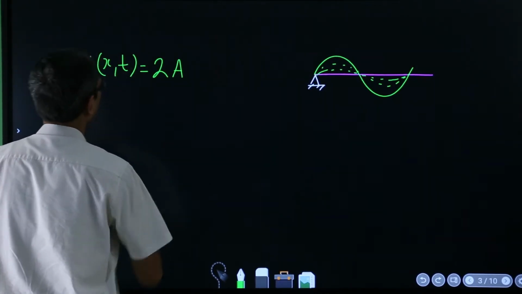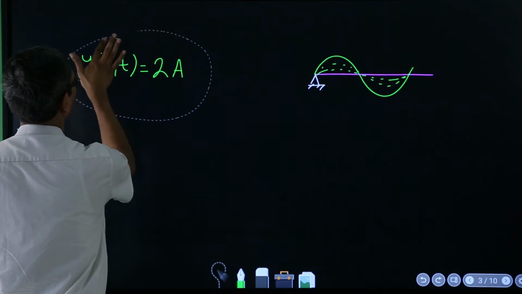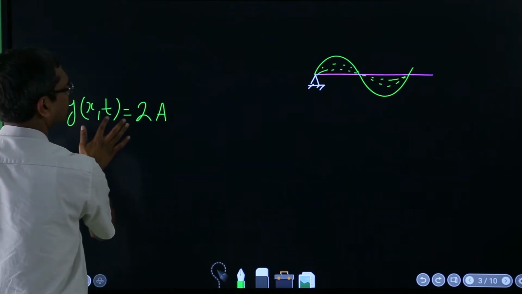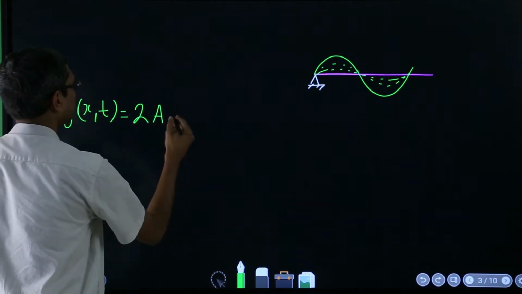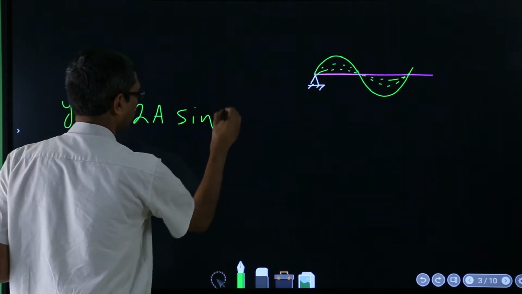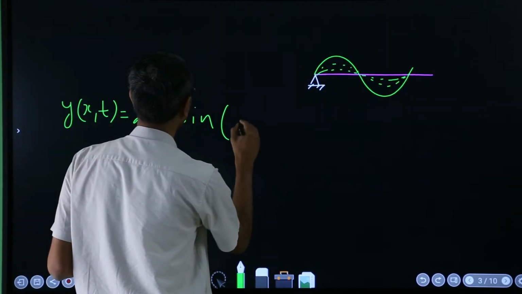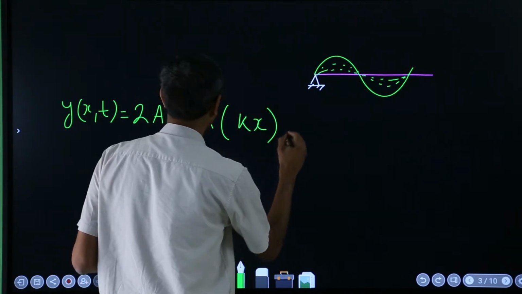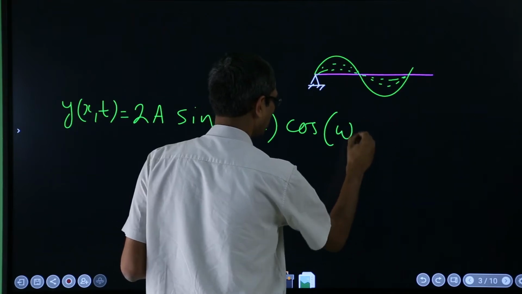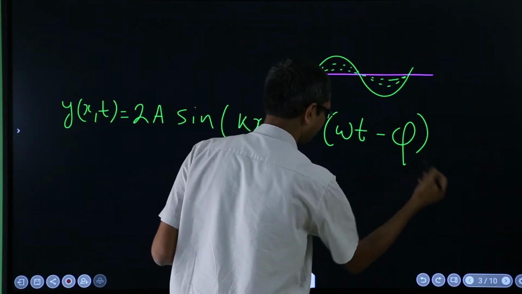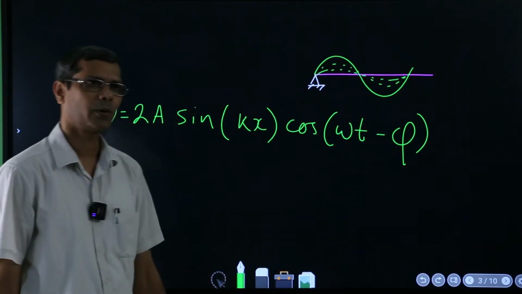I'll bring it here: 2a sine of kx times cosine of omega t minus phi, some angle phi now.